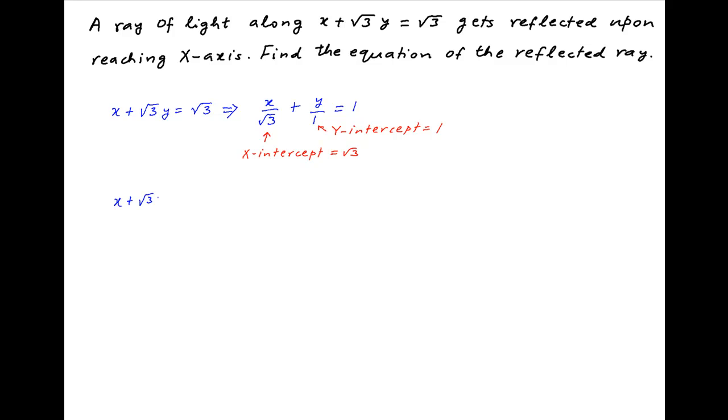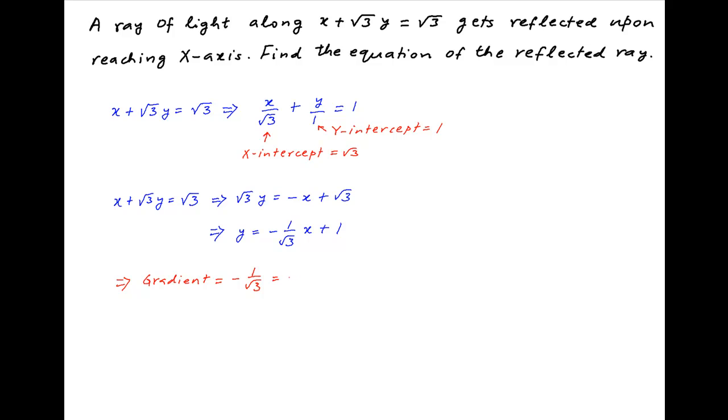Again, the equation of this line can be written as root 3 times y is equal to minus x plus root 3. Divide by root 3, we get y is equal to minus 1 upon root 3 times x plus 1. Therefore, the gradient of this line is equal to the coefficient of x, which is minus 1 upon root 3.